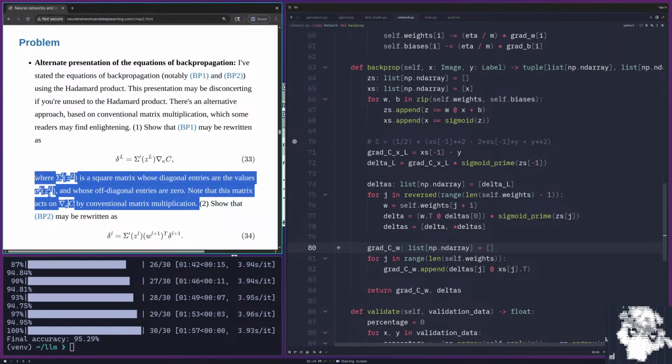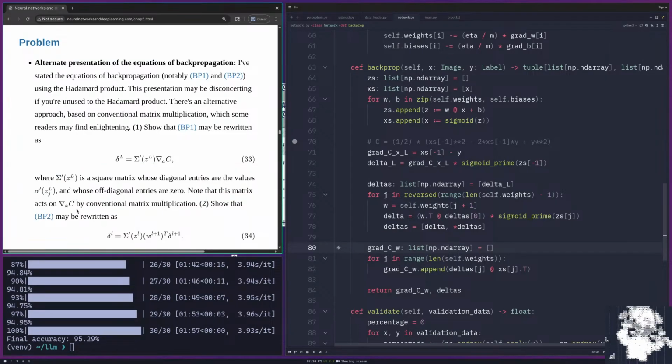Note that this matrix acts on grad of C by conventional matrix multiplication.